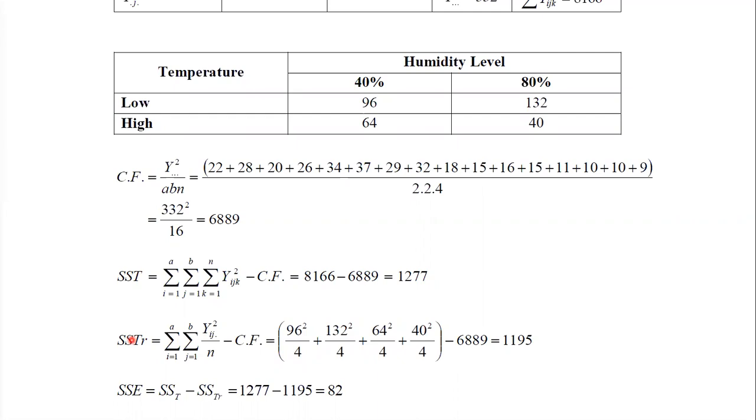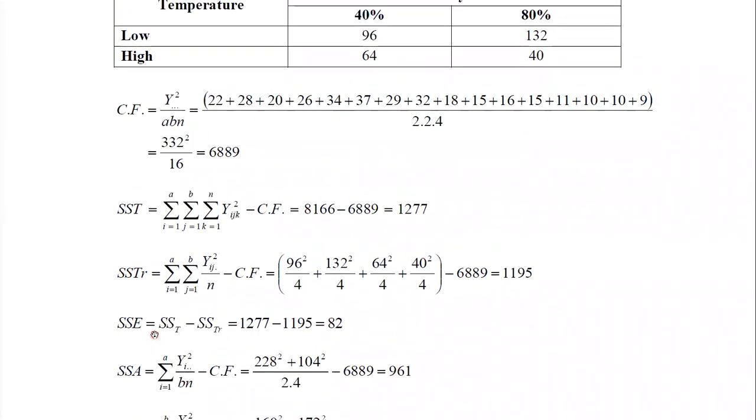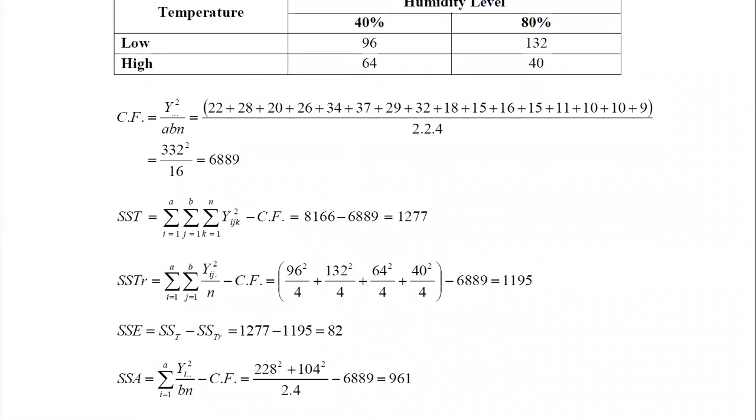To elaborate this treatment sum of squares, we can use the main effects as well as the interaction effects. For the main effects, we can say main effect of A, main effect of B, and the interaction between A and B. For the main effect of A, we can simply obtain this as the sum of yi double dot squared divided by b times n, minus the correction factor.